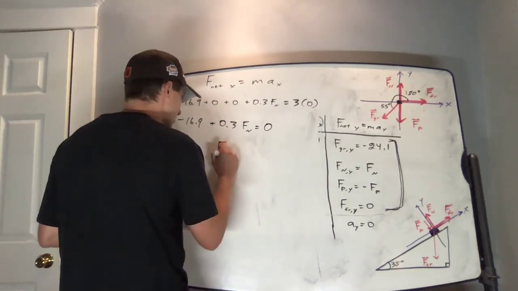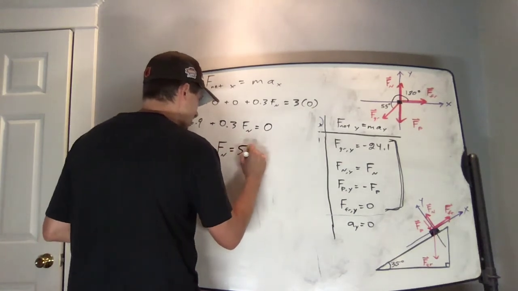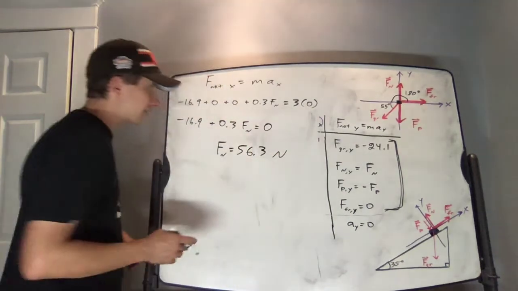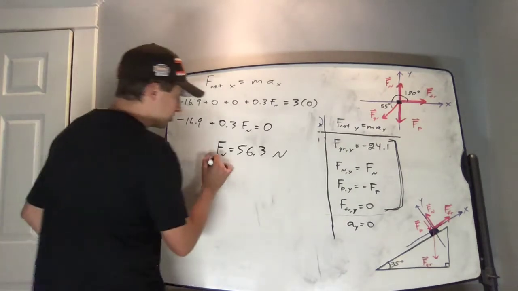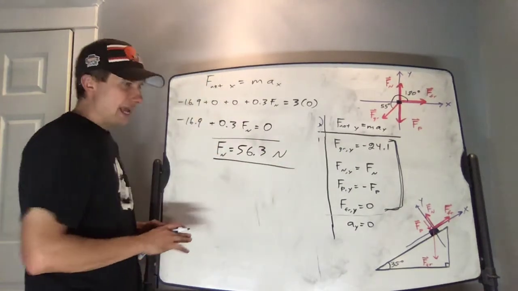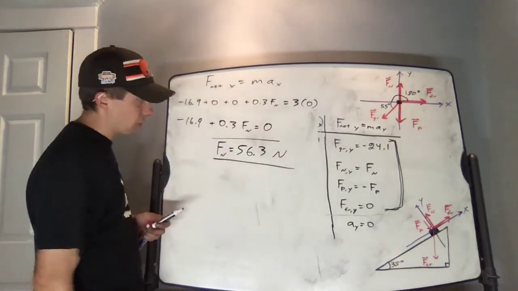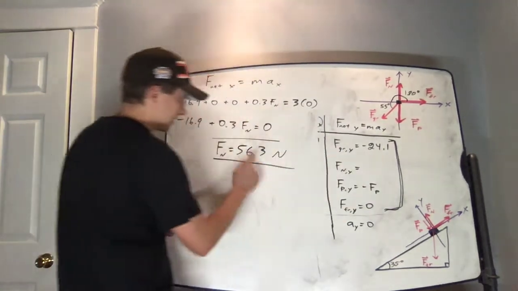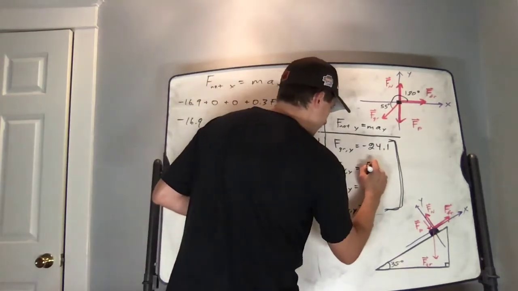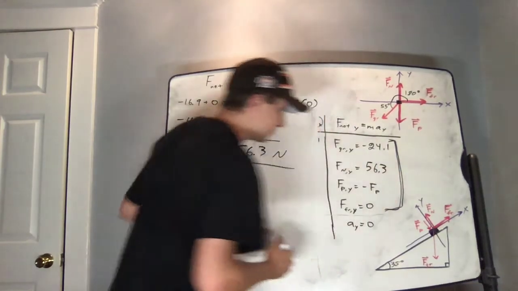So Fn equals 56.3 newtons. Now I know the magnitude of the normal force, and I have another piece of information that I could plug in over here. The normal force we know is that much. So I have 56.3 newtons.